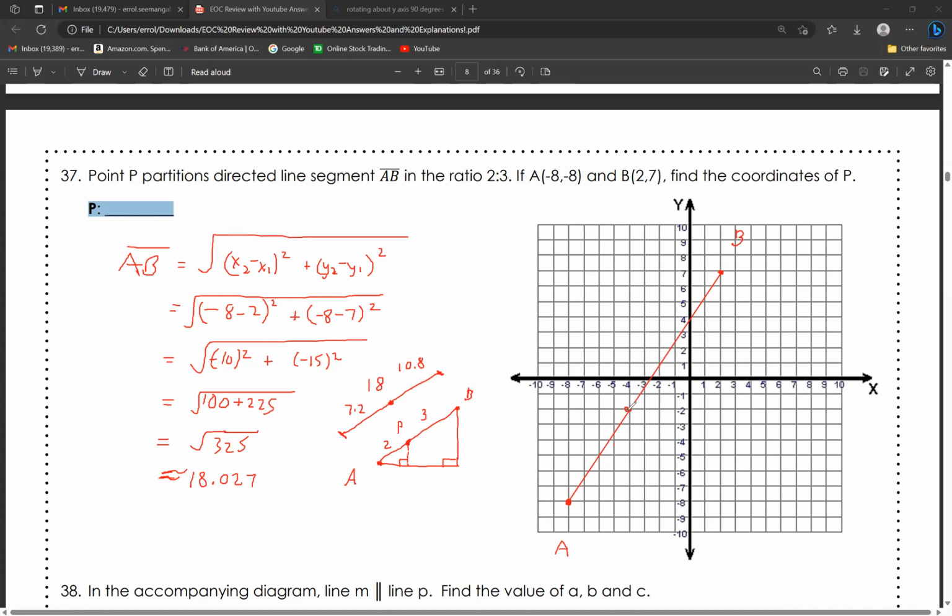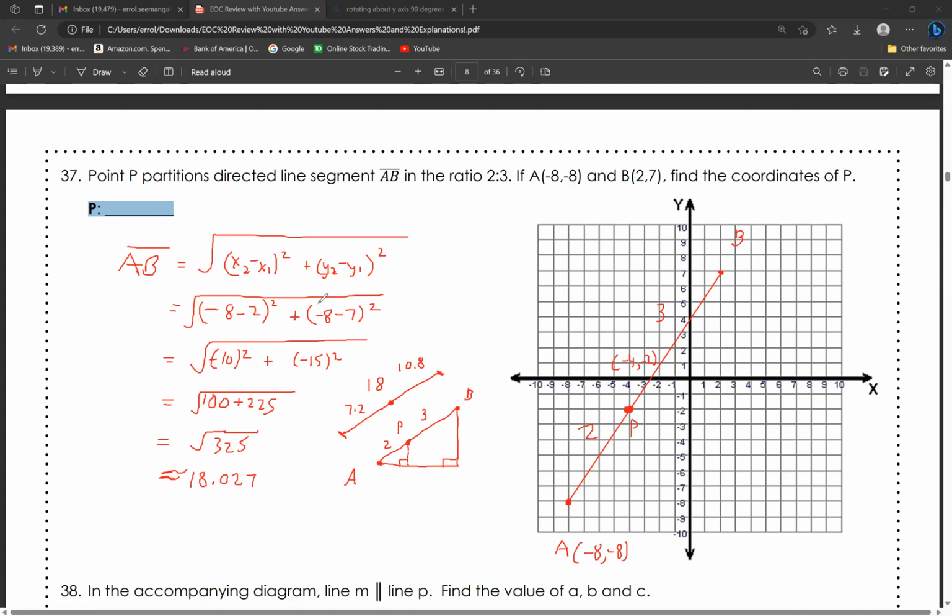What is this point? -4, -2. Let's see, this is your 2 units and this is your 3 units. What's the distance between -8, -8, which is this point right here, and -4, -2?